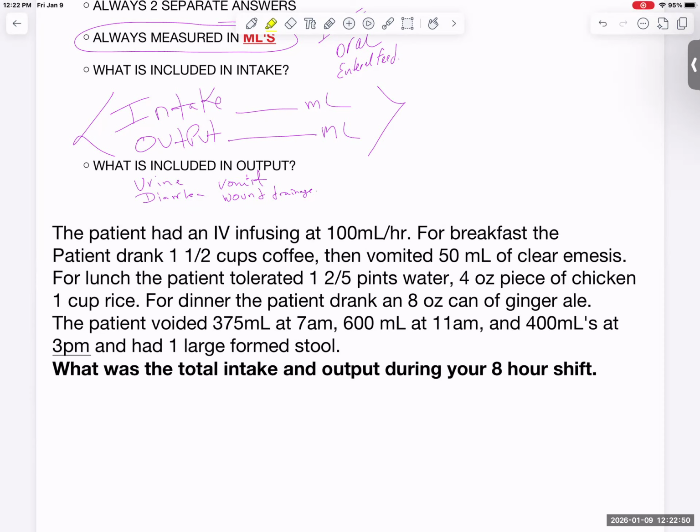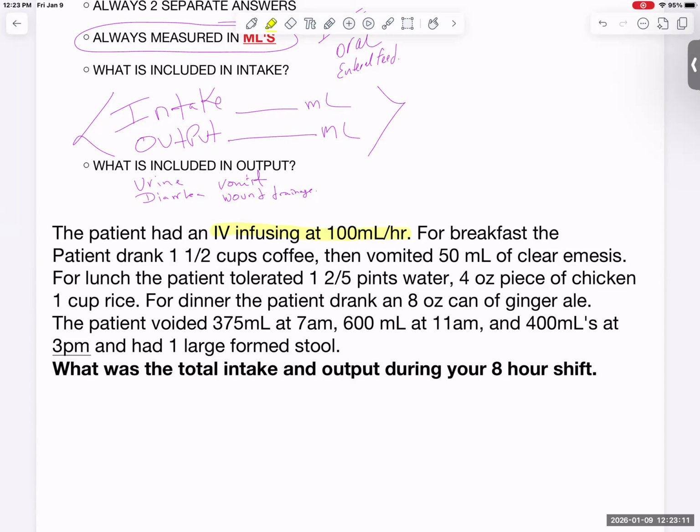Just looking at what you're reading right here. The IV that's infusing. Okay, IV infusing at 100 milliliters. What's HR? Hour. Okay, so that patient has got an IV going in their vein, going at 100 milliliters every hour. They're getting 100 milliliters. Okay, what else?